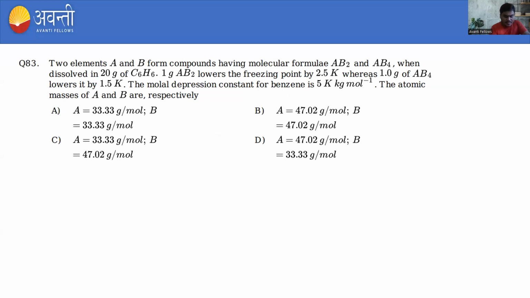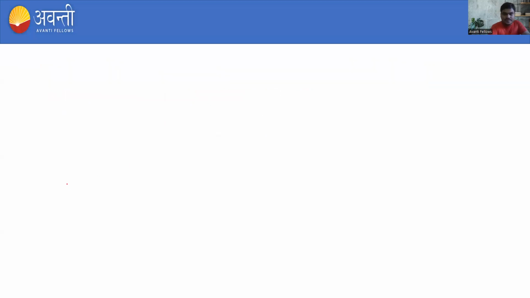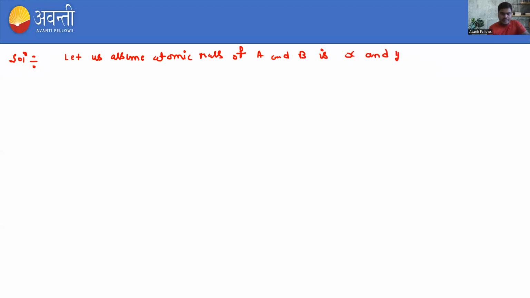So you have to identify the atomic mass. Observe very carefully. This one is a very important question. Suppose the atomic masses of A and B are X and Y respectively.